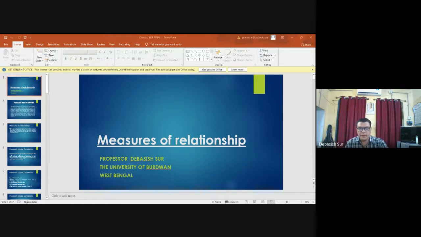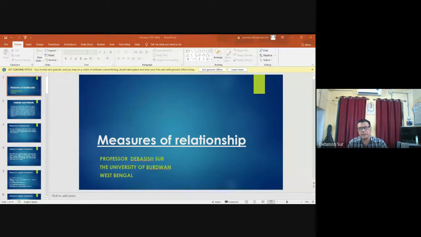So we have to discuss measures of relationship. Before starting discussion on this issue, let us recapitulate two very important terms which are associated with research methodology.